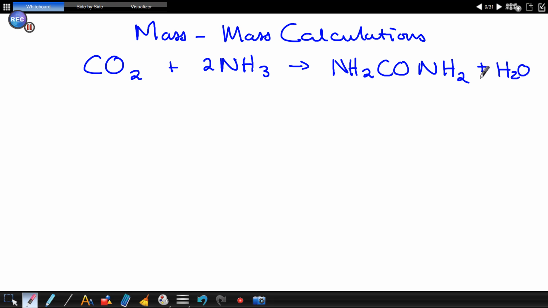It is always a good thing to check the balancing. Okay. So the next step is to write the mole ratio. You may write the mole ratio for the substances that you're going to use. Last year I said to you, write 1 mole to 2 moles to 1 mole to 1 mole.